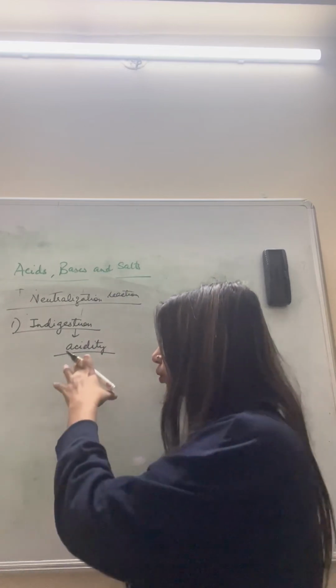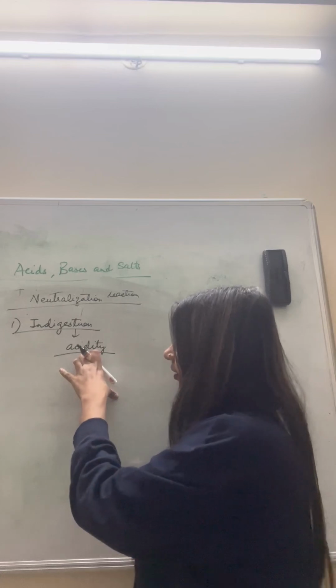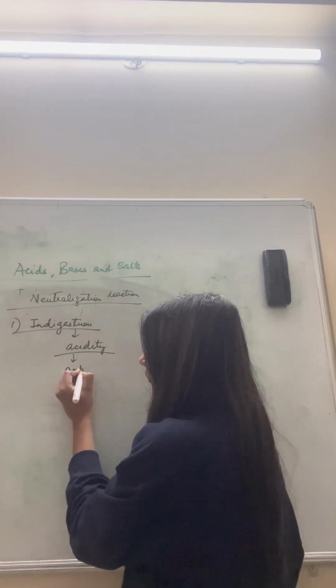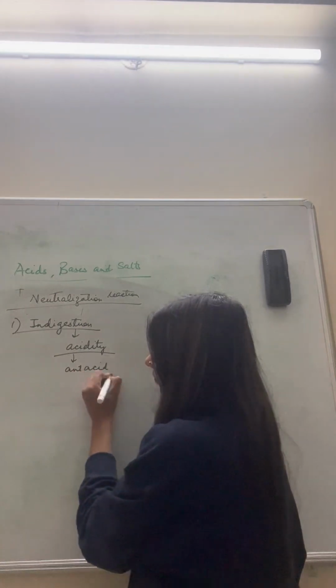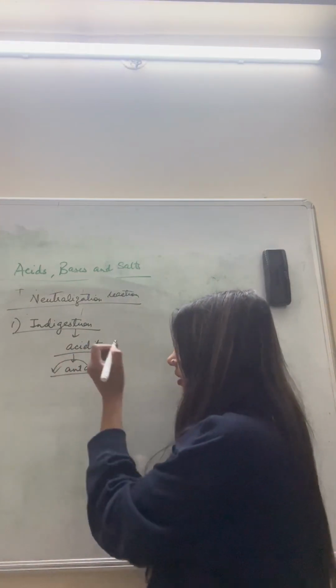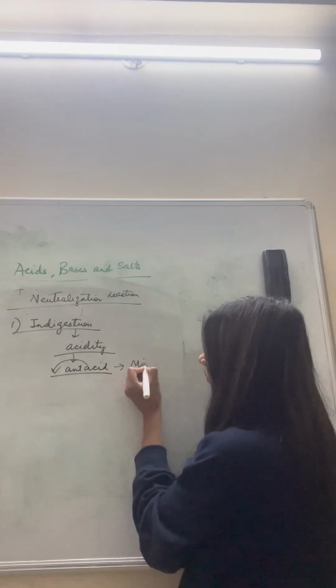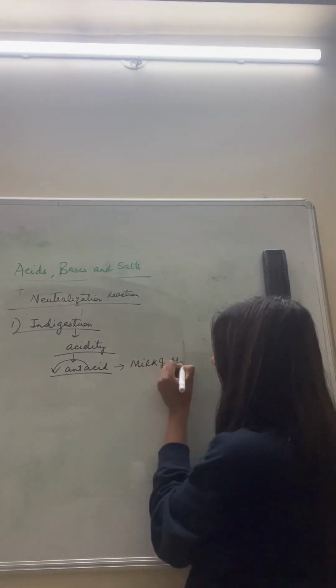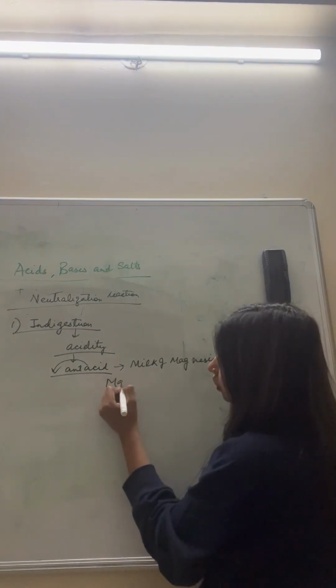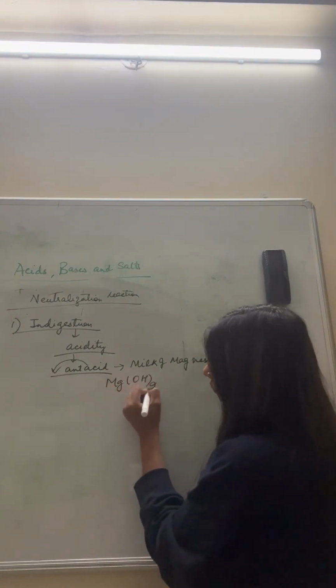So to get rid of that acidity, what do we take? We take an antacid. This antacid is milk of magnesia, or Mg(OH)2. So what we are doing?